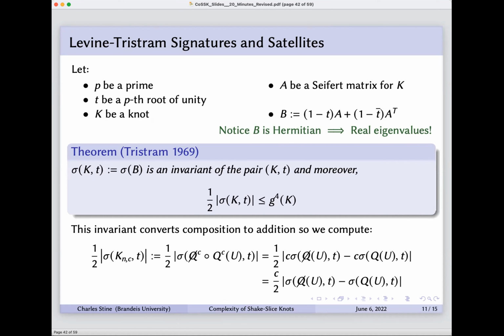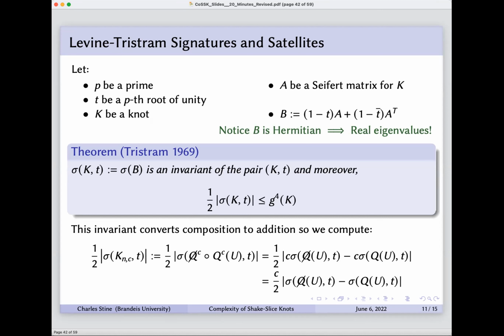Now, this invariant has a very nice property with respect to dualizable patterns, which Q and Q', the two patterns we use to construct our knots, are in fact. The property is that it converts satellite composition of such patterns into addition and subtraction. And so this allows us to compute the invariant of our target knot K_{N,C} in terms of the invariants of the two patterns applied to the unknot.